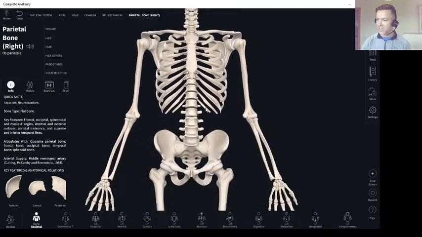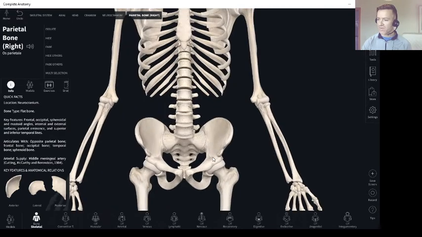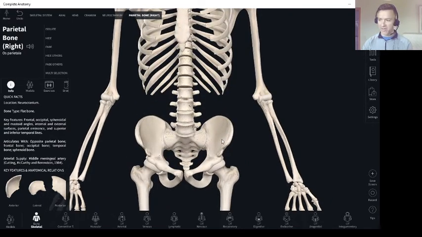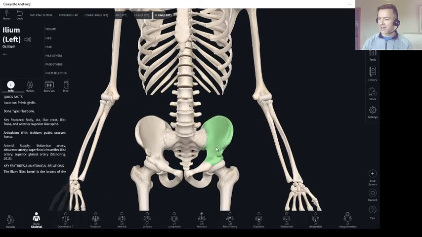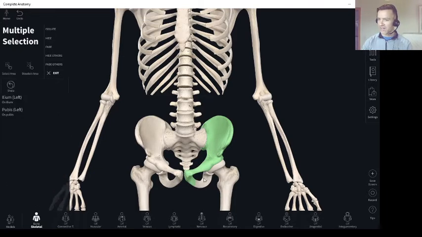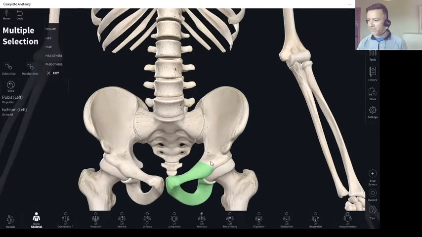So if we look at the pelvis, we are talking about our ilium, our pubis, and our ischium there. So those three bones there, again, are fused together.